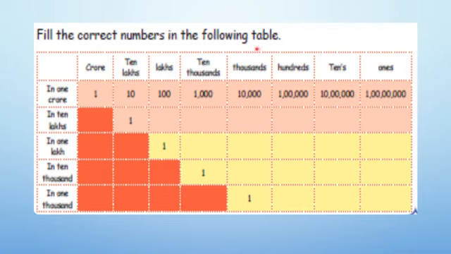Fill the correct numbers in the following table. So here is the tabular column which is given in your book. So not only crores or lakhs, whatever is given we have to find out. Okay, come let us go. In 1 crore, 1 crore is there. In 1 crore, 10 lakhs are there.